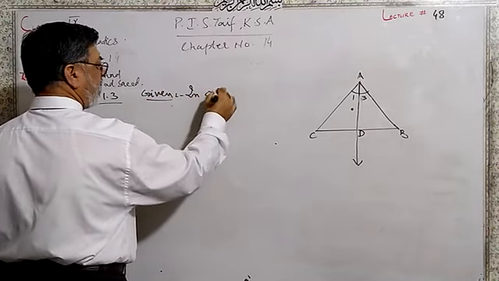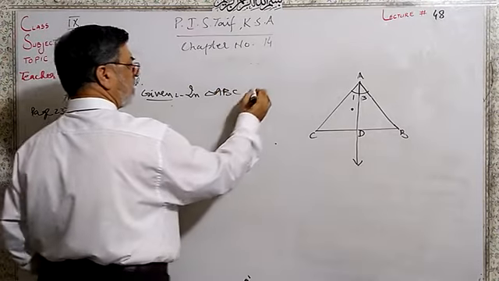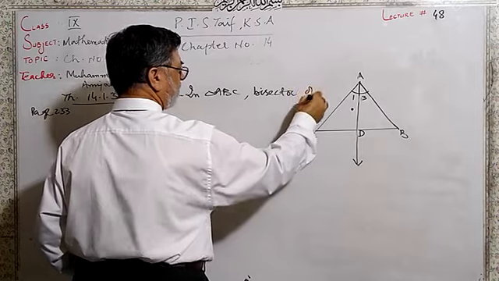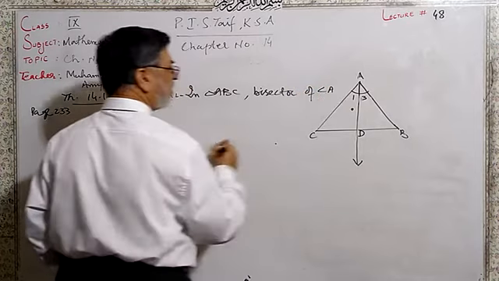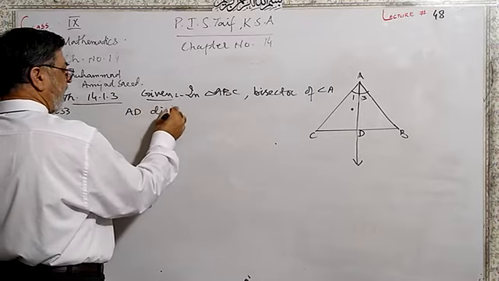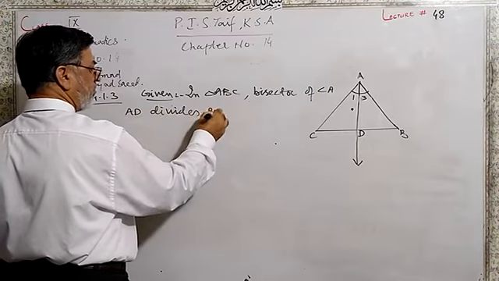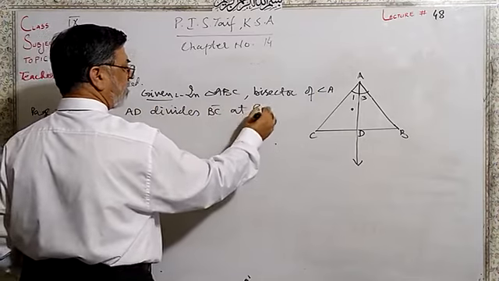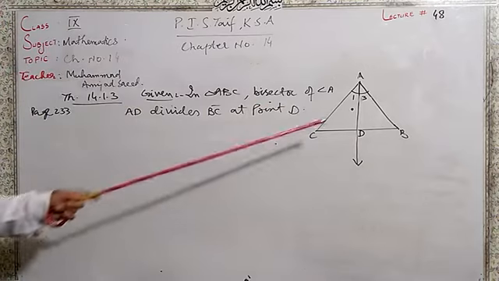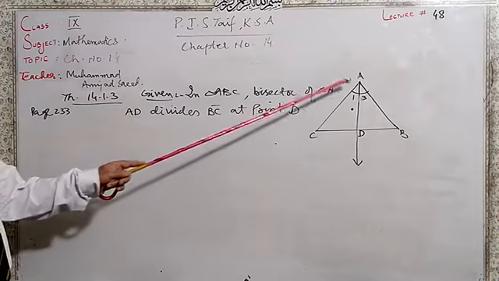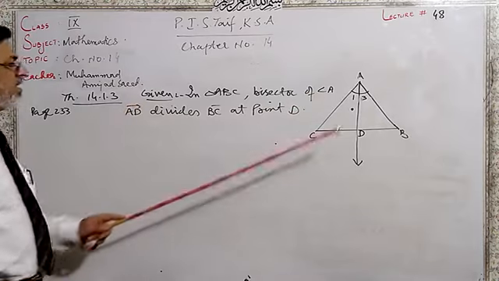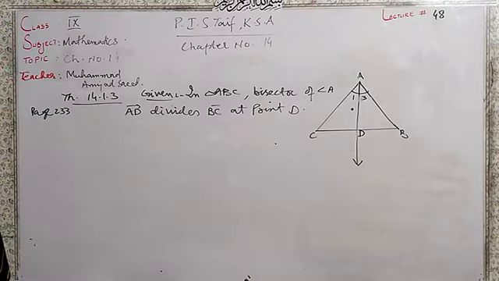In triangle ABC, the bisector of angle A, which is AD, divides BC at point D.